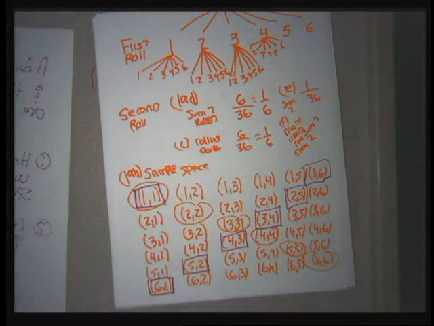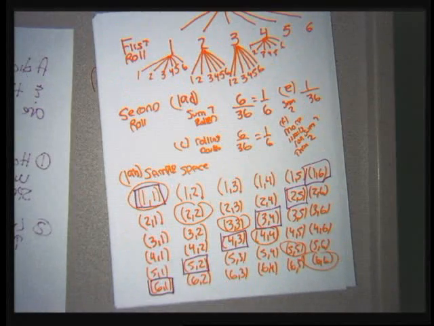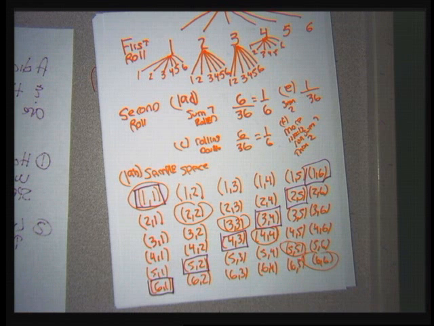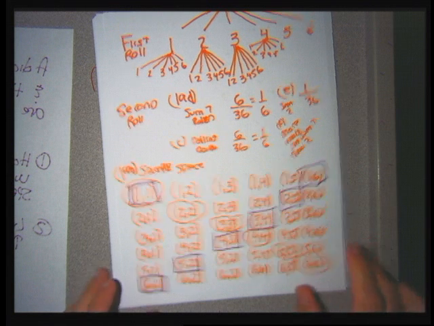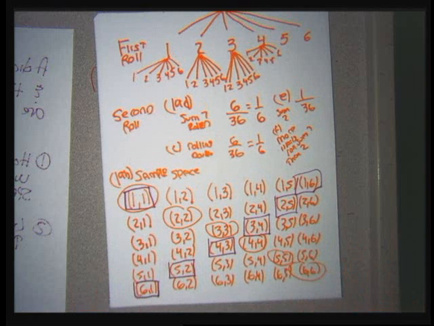Sometimes I can't sense if things are really easy or not. And probability is one of those things that there's kind of no middle ground. Like we had that horrible test on the money where there were all A's and F's and nothing in the middle. Sometimes probability works that way too, but it won't be as drastic. There won't be equal amounts of A's and F's, but this is the kind of test where there's not going to be many middles.